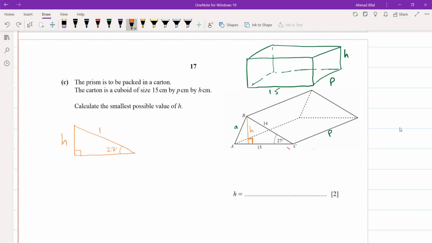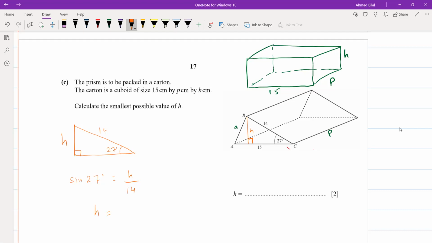So let's find that height. We have this right angle triangle जिसका हमें हाइपोटेन्यूज पता है 14 है. Remember ये 15 तो पूरी लेंथ थी, 15 को नहीं यूज कर सकते उस ट्रायंगल के अंदर, 14 यूज कर सकते हैं. That is the hypotenuse of this figure. We have the angle that is 27 degrees. We can use simple trigonometry. So we have hypotenuse and perpendicular. So sine of 27 is equal to perpendicular over the hypotenuse. यहाँ से आपके पास h की वैल्यू आ जाएगी.